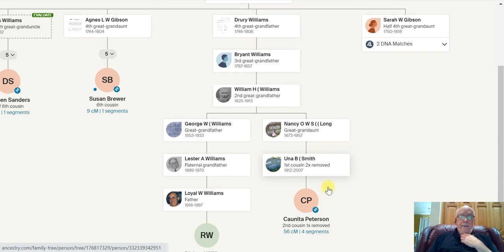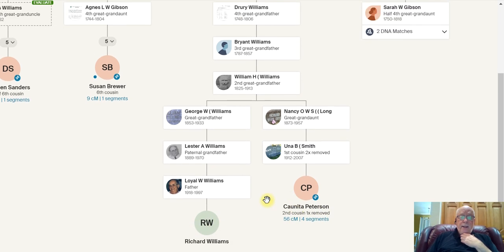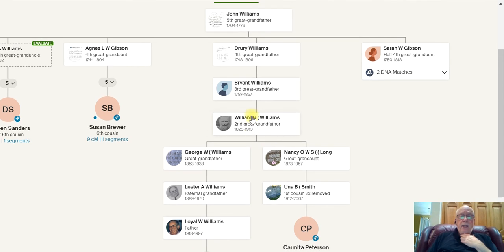So again, this person and this person are related through DNA. There's no question about that. She says her tree looks like that. I say my tree looks like that. They both consolidated William H. Williams. I've gone in and verified that everything looks good, except for maybe dates or the names or some of the other information. And then we proceed on up.